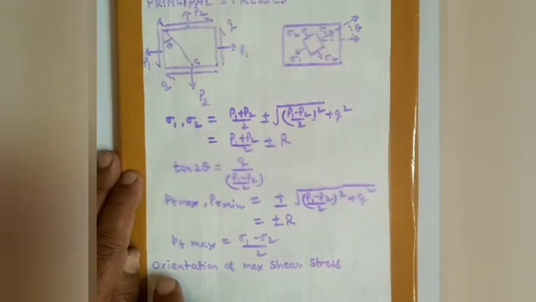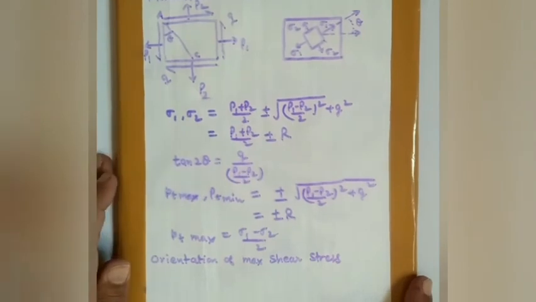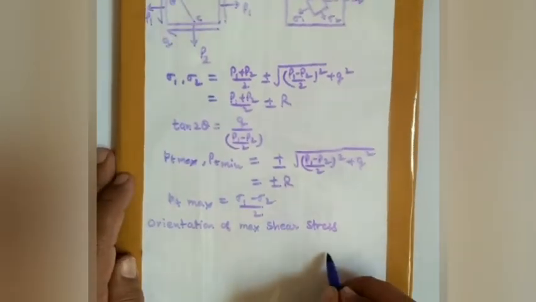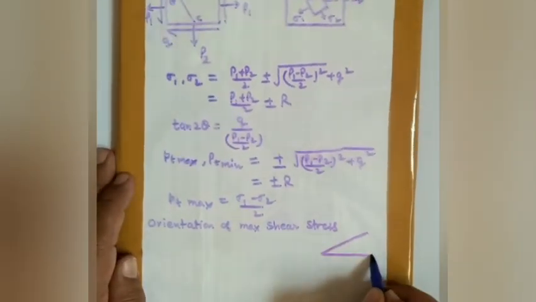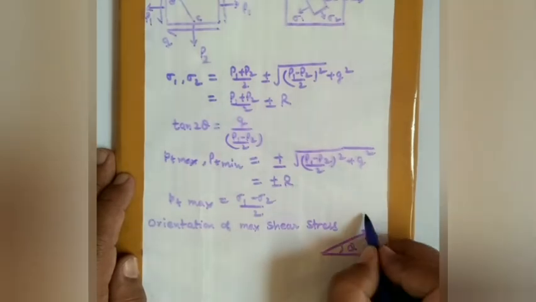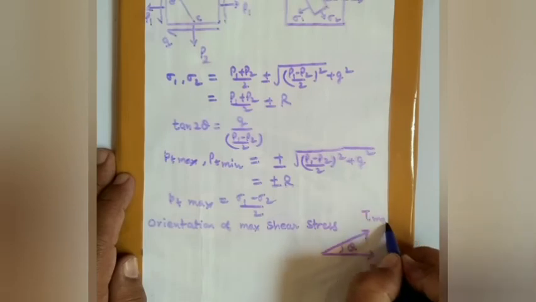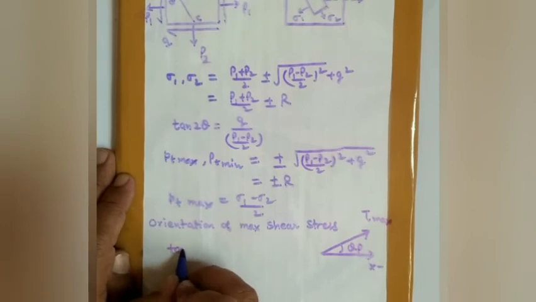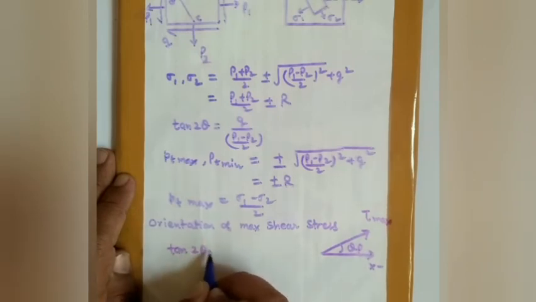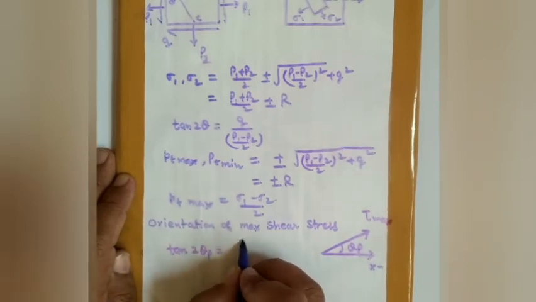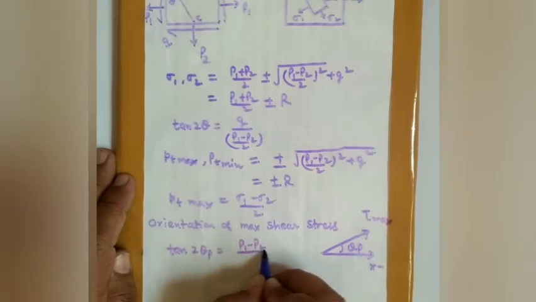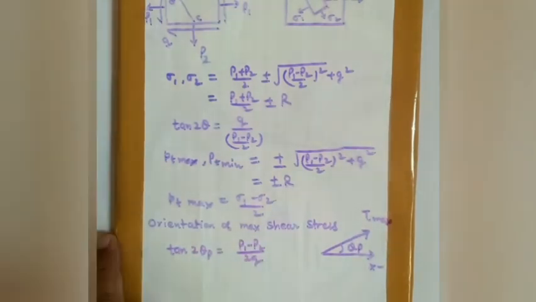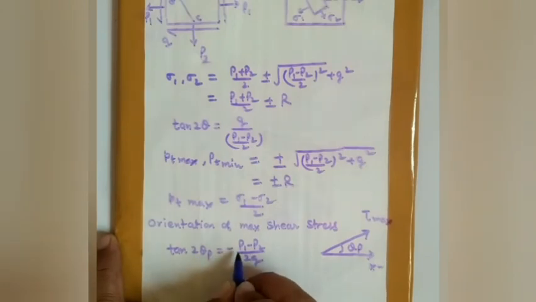Now let us see what is the orientation of maximum shear stress. If the maximum shear stress makes angle theta p with the x-axis, then theta p is such that tan 2 theta p is equal to (p1 minus p2) by 2q, and with a minus sign.